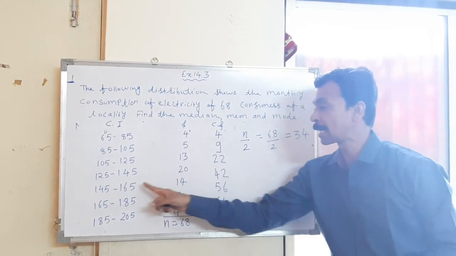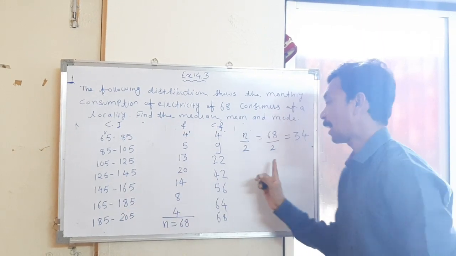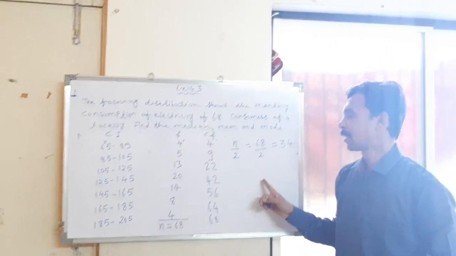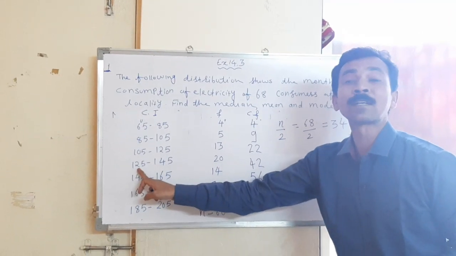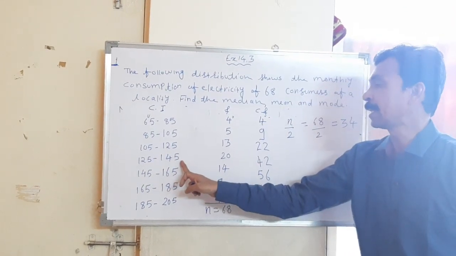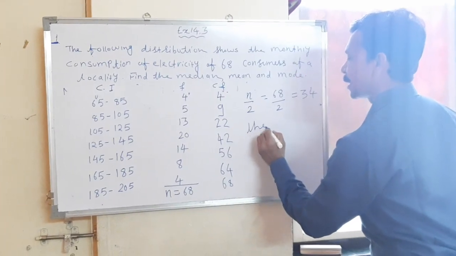So the median class is 145 to 165. I will write. Sorry, it is not 145 to 165. It is 125 to 145. I will write here the cumulative frequency.